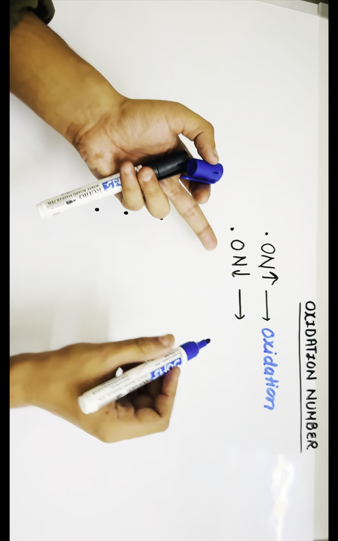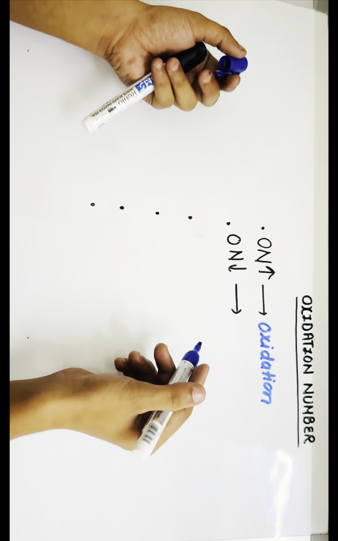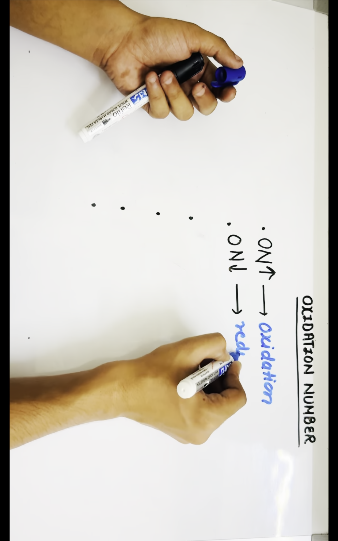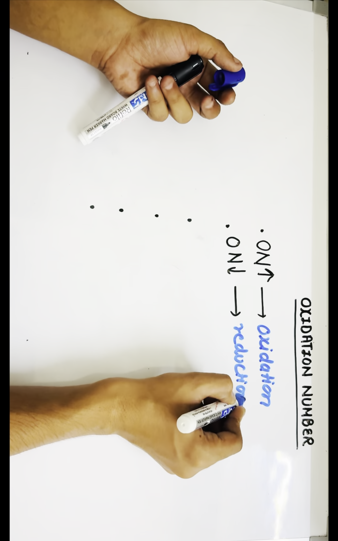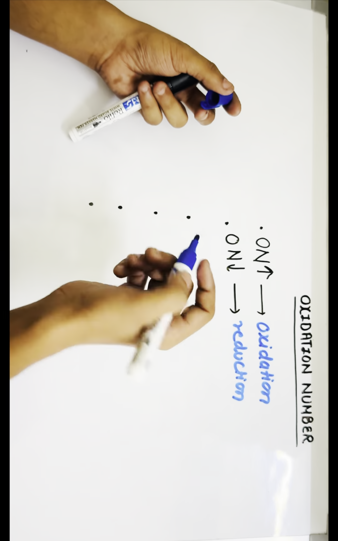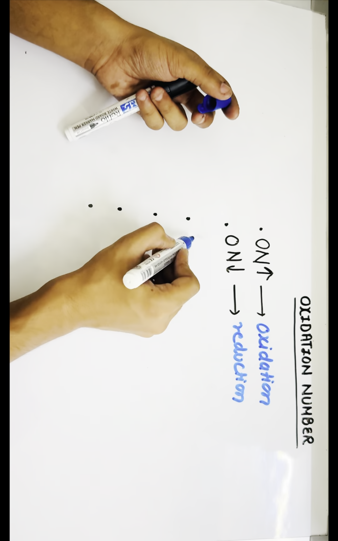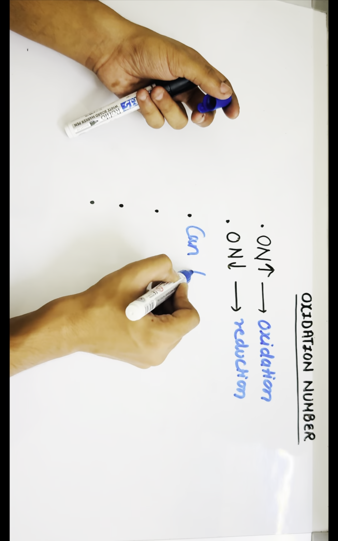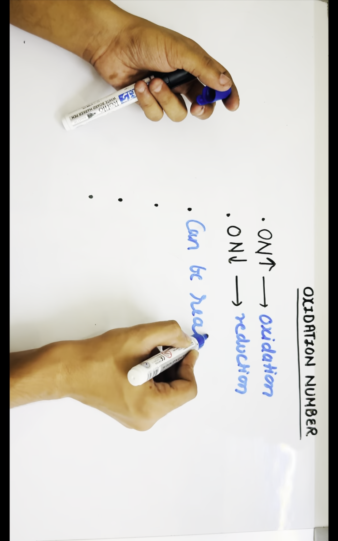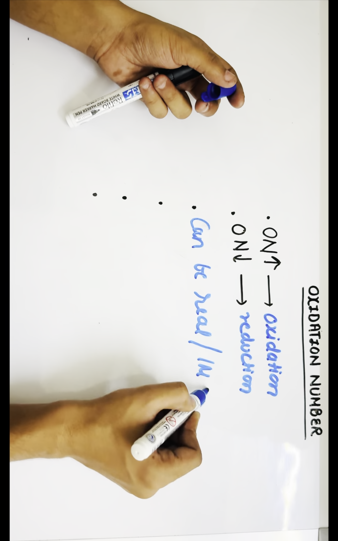If the oxidation number is decreasing, it means reduction. And the third point is that the oxidation number can be real or imaginary.